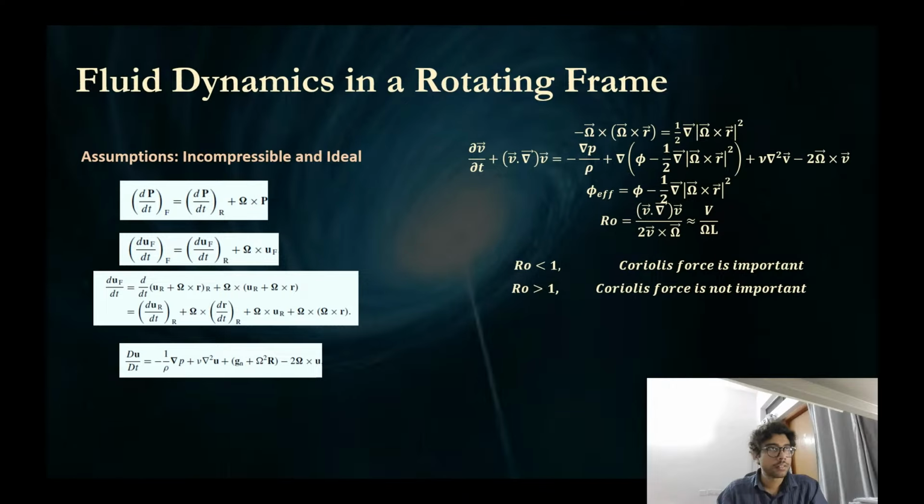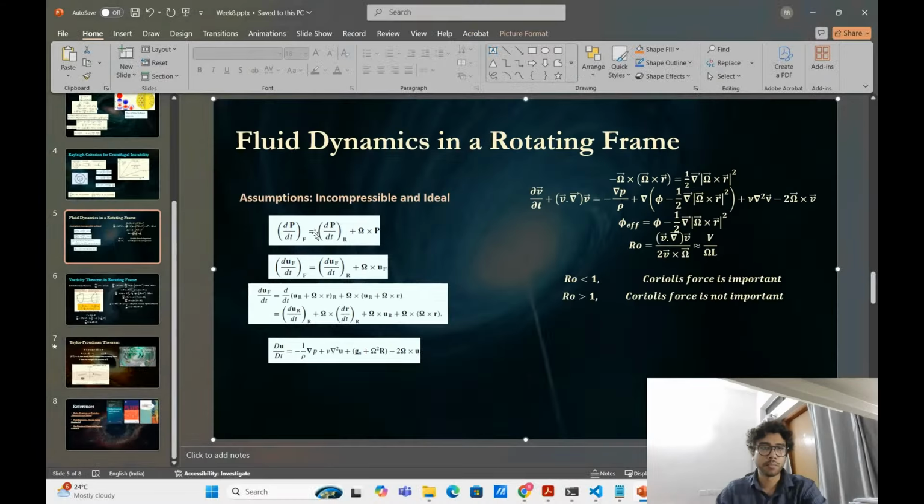Okay. So this is the equation of any quantity if you study it from a rotating frame. I will just quickly motivate how we get this. What the first equation is saying is that you have, let's say, any vector quantity p.